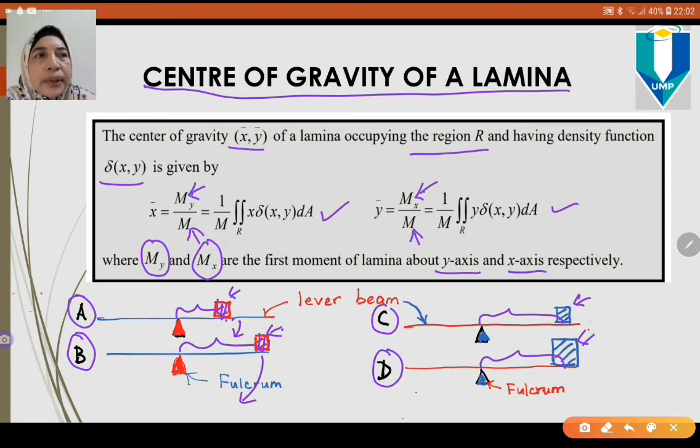The tendency for the mass in C to rotate is less than the one in D, meaning that moment depends on mass and also distance. So you can say moment depends on mass and distance.